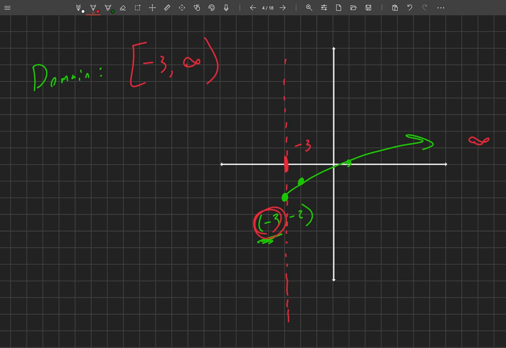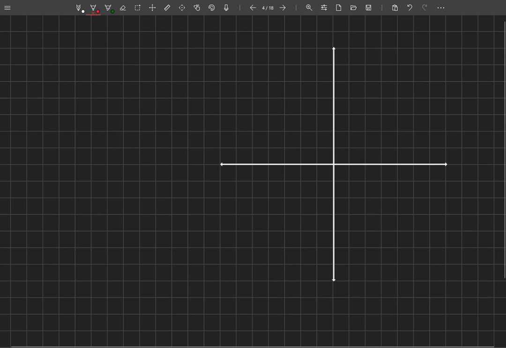Now, I could draw a different graph. Let's try another one. Now, it does not matter what this graph looks like. You don't know how to write the equation to that, and it does not matter, because all I care about right now is left and right numbers. So if I asked you for the domain of whatever this thing is, I'm asking, what are the allowed values of x?